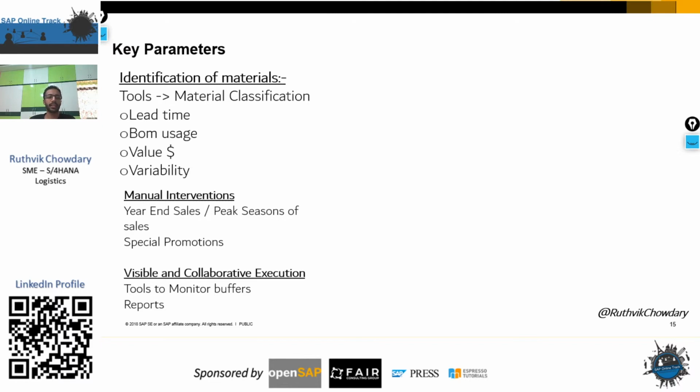You will be running a batch job by giving the aspects: what should be the ratio for lead time, BOM usage, value, and variability. How much variability comes under high, low, and so on, we will maintain. Based on that, the system will automatically classify the materials. Once the material is classified, we'll go for the buffer profile.